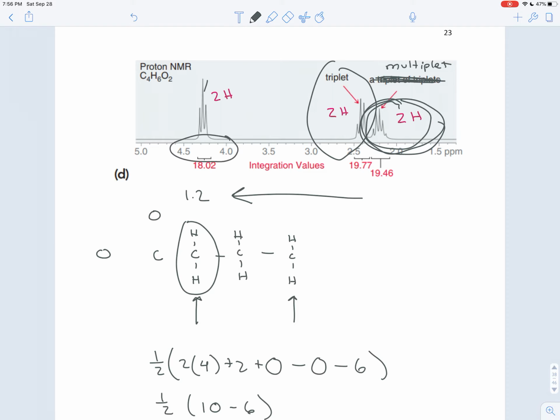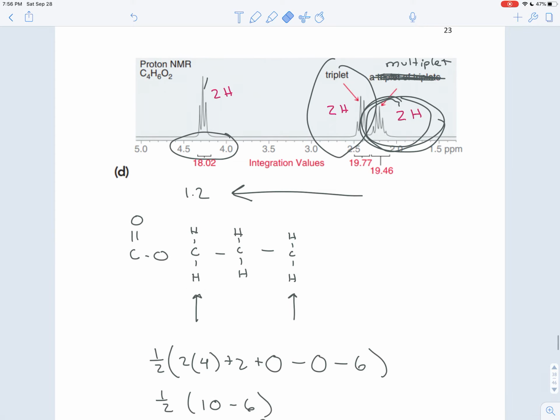Here we've added around 3 to that. And the only way you'd add 3 is if you had an ester. When an ester is alpha to a carbon, the hydrogens on that carbon get shifted over 3 parts per million. So that would give us around 4.2, which is around where that is. So the shift tells us how to arrange these oxygens.